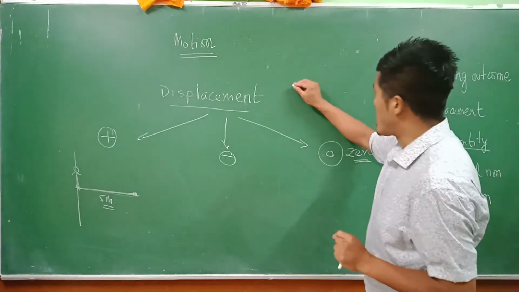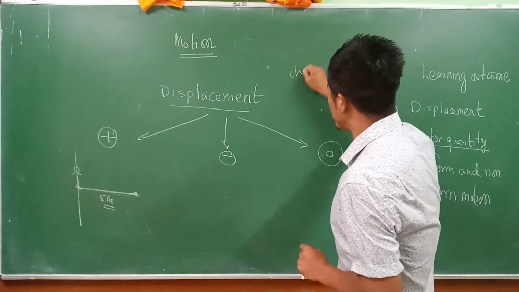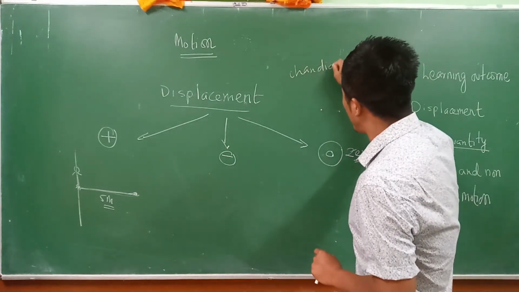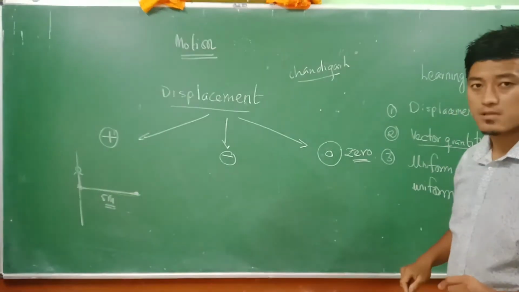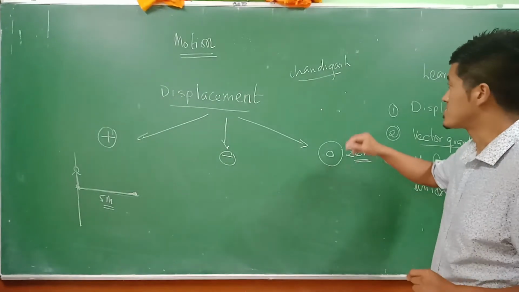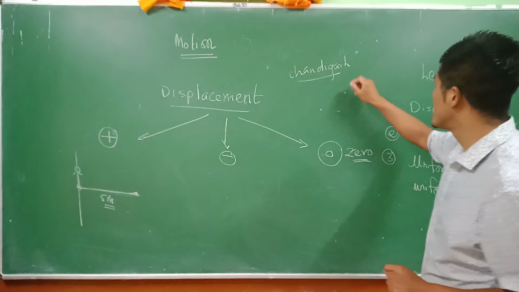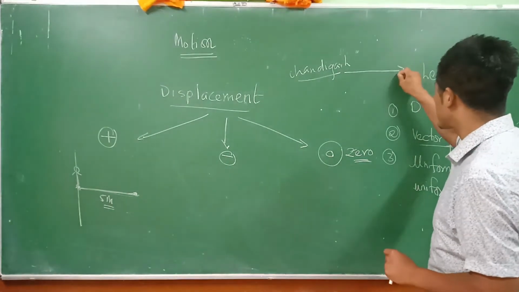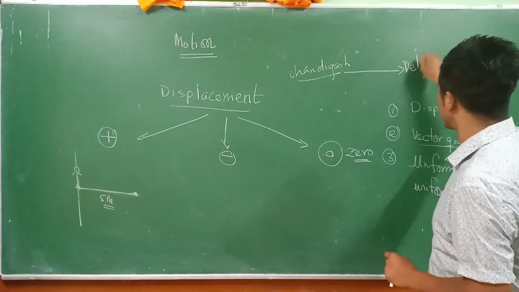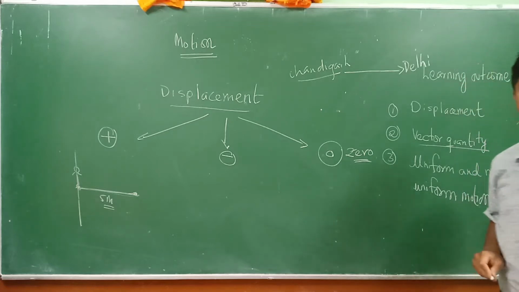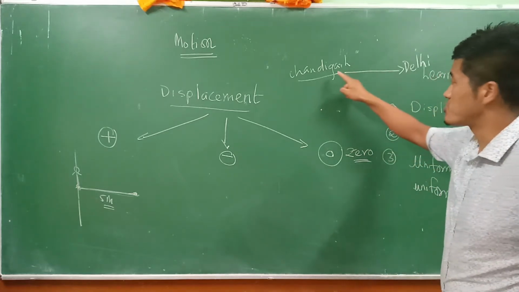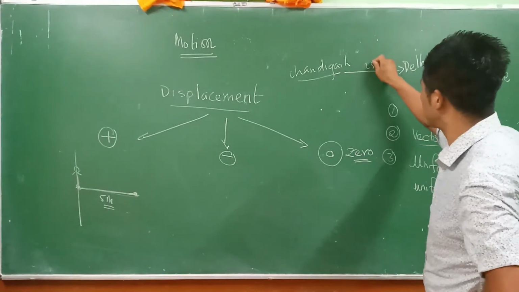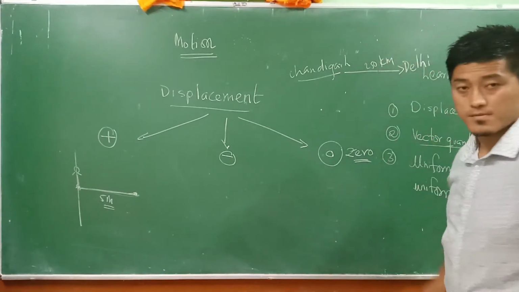For example, a person is traveling from Chandigarh, the capital of Punjab, or you can say Haryana, right? And a person is traveling from Chandigarh to Delhi. So you can say from here to there, from Chandigarh to Delhi, is like 250 kilometers, right?